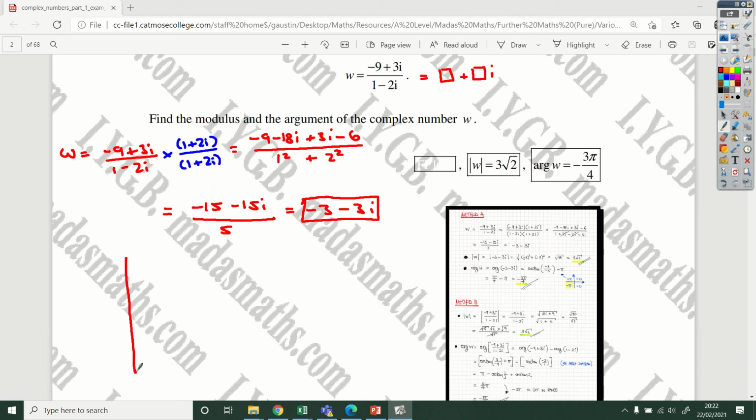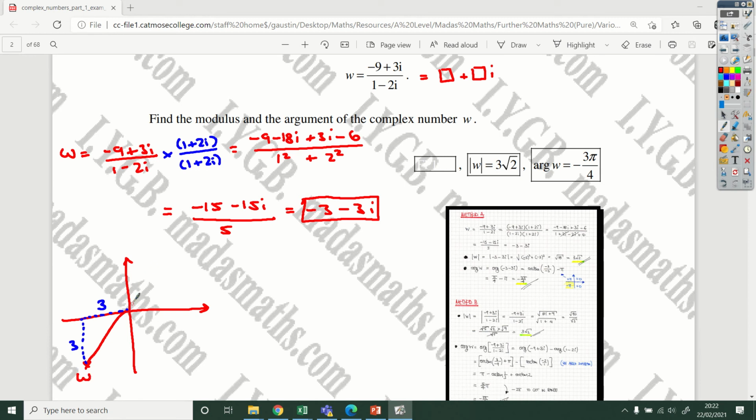Here's my rough Argand diagram. I know that if both of these are negative, it will be down in the bottom left quadrant. So here's my complex number. I know it's gone 3 to the left. I'm just putting the positive values for their lengths for now. And 3 that way. So here's where w lives.